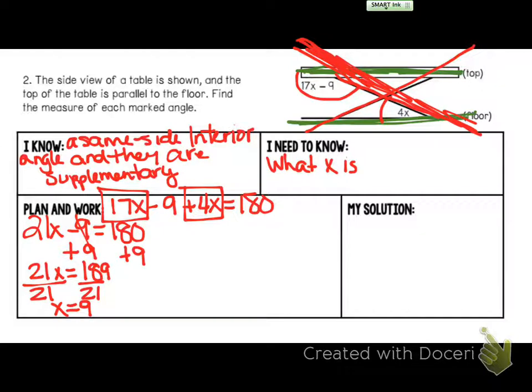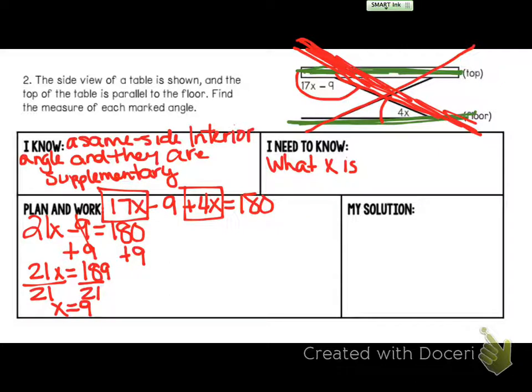So I'm going to plug x into the expressions.